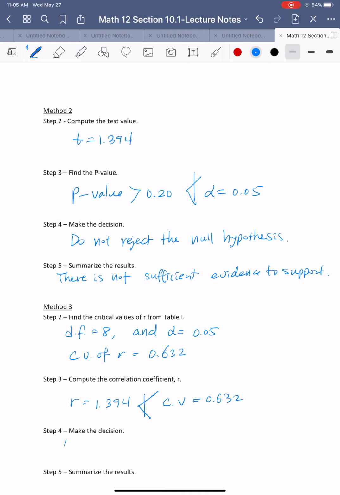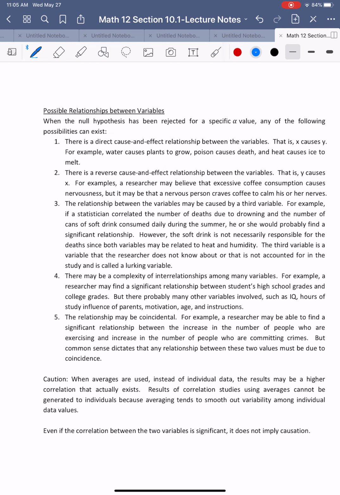So that's why I do not reject the null hypothesis. There is not sufficient evidence. So no matter what method you use, we end up with the same conclusion. Okay, all right, next page.